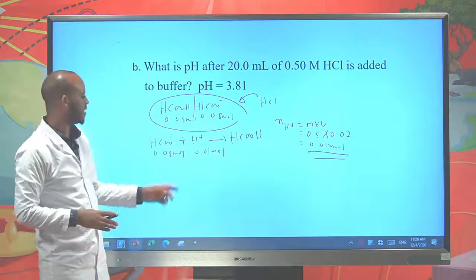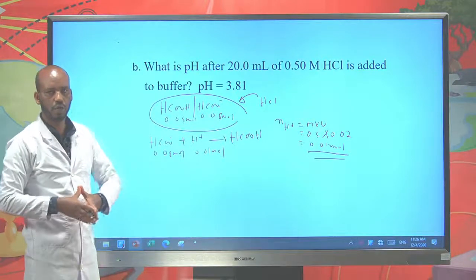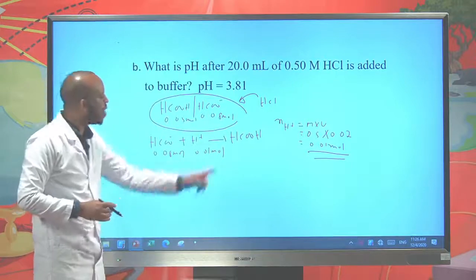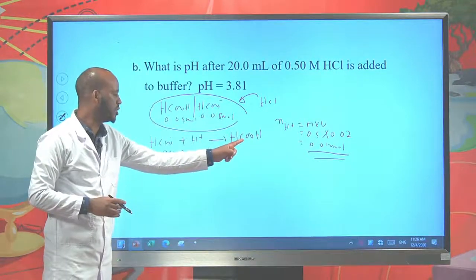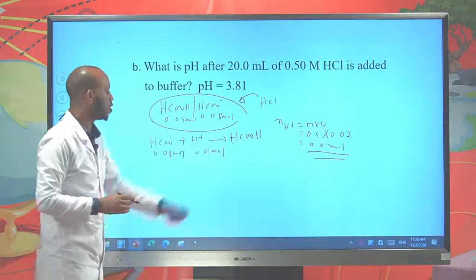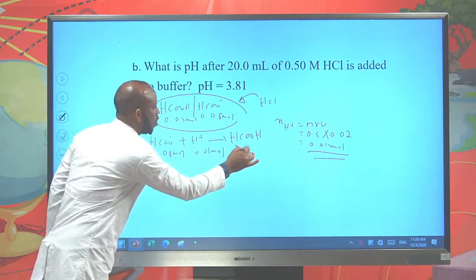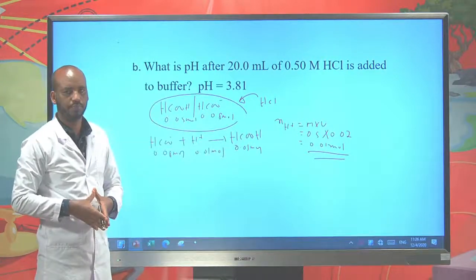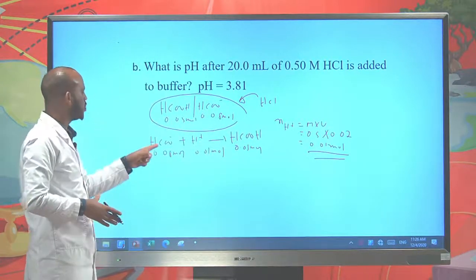Now H plus is the limiting reactant because it is found in small amounts. Amount of product is determined by the limiting reactant. From this reaction, 0.01 mole of formic acid is formed. Formate is in excess.